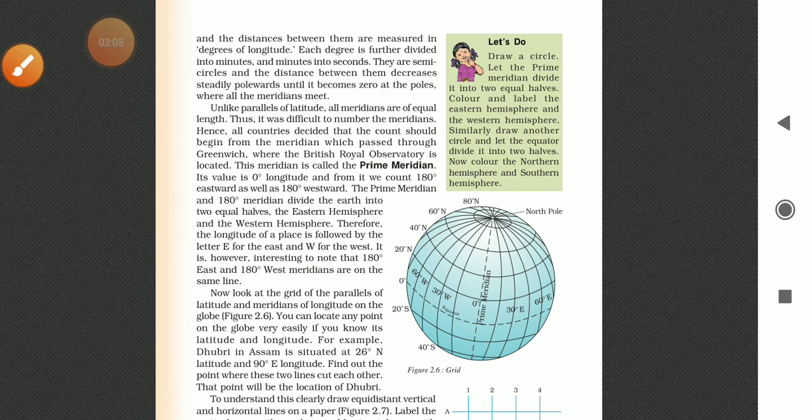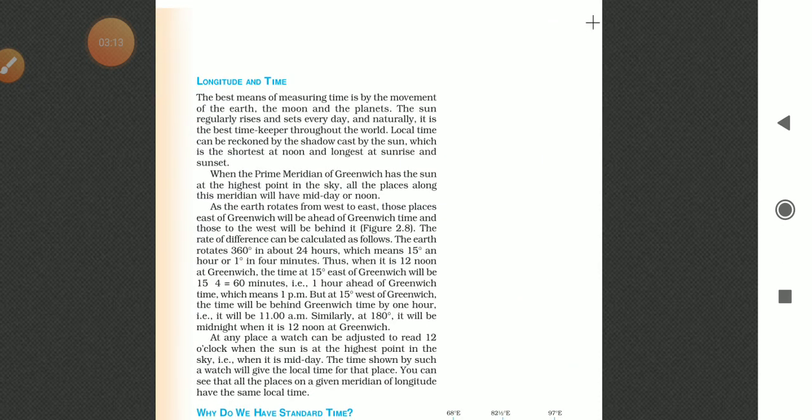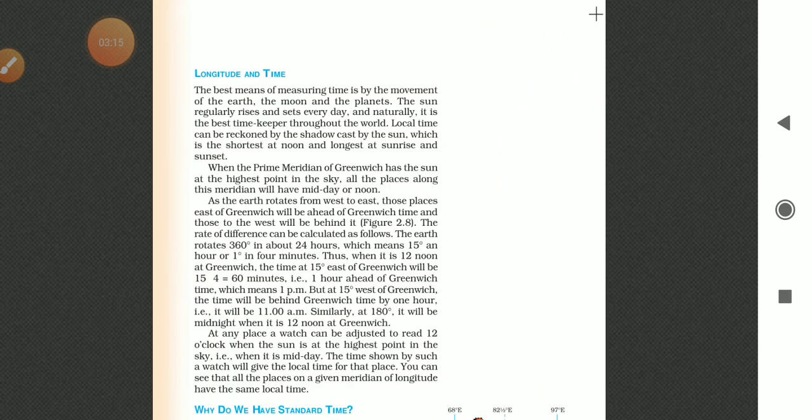Now, next let us move to the longitude and time. The best means of measuring time is by the movement of the earth, that is the moon and the planets.